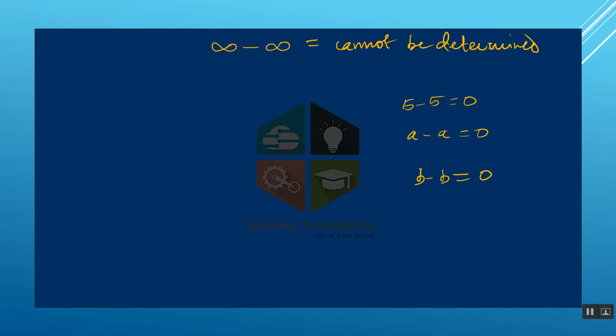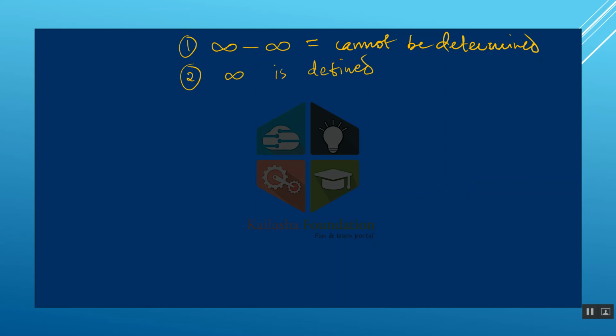Let us list the points. Infinity minus infinity cannot be determined. Infinity is defined. Infinity is a value so high that it cannot be achieved.